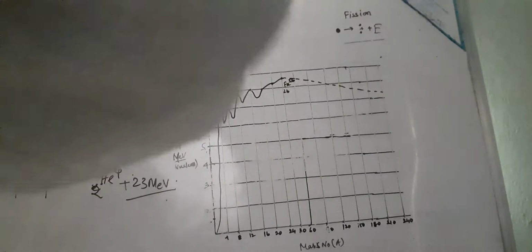So this is helium 4, then beryllium 8, then carbon 12, then oxygen 16, then neon 20, and magnesium 24. When the mass number is a multiple of 4, there is a certain peak in the binding energy per nucleon, and this is due to the pairing of two protons and two neutrons with opposite spin.